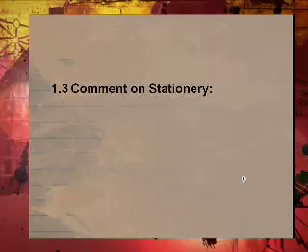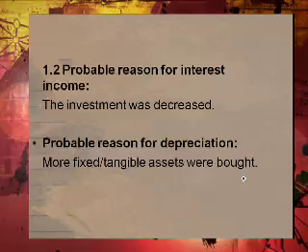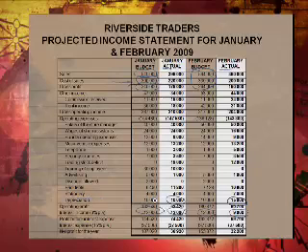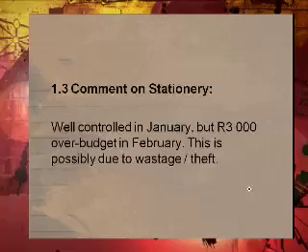It says here, comment on the stationery, right? Let's go to the stationery and see what we are expected to comment on. If I look at my stationery, I notice that in January, I budgeted 4,000. I spent 4,000. In February, again, the budget was 4,000, but the actual amount was 7,000. Clearly, you can see something is not hunky-dory. How would you comment on something like this here?